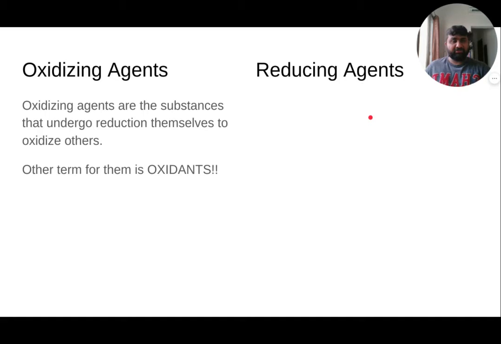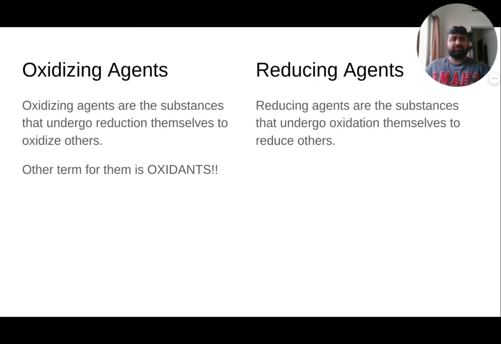Agents always do the opposite to themselves. So reducing agents are the substances that undergo oxidation themselves to reduce others. Very simple, but sometimes confusing. I have some tasks for the next lesson. The other term for them is reductants.